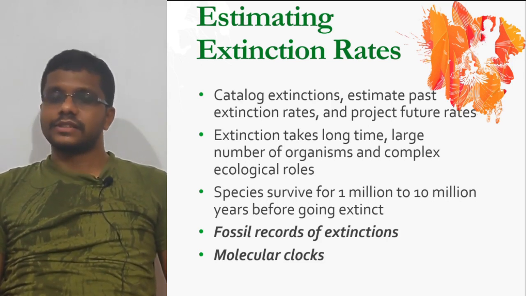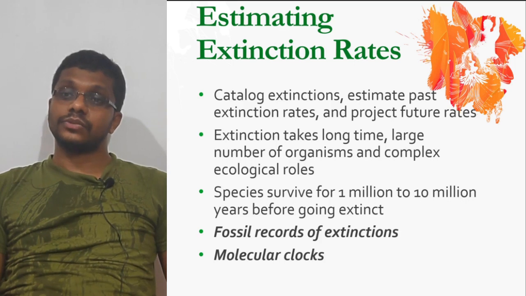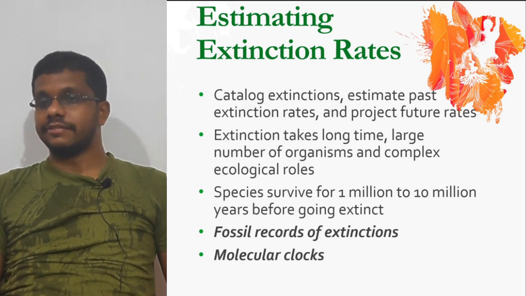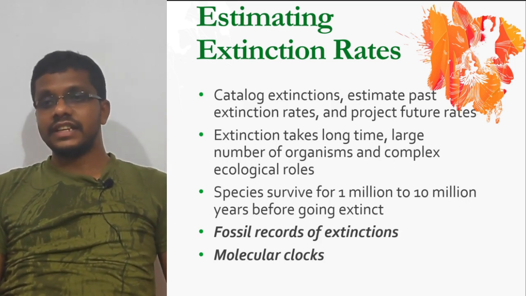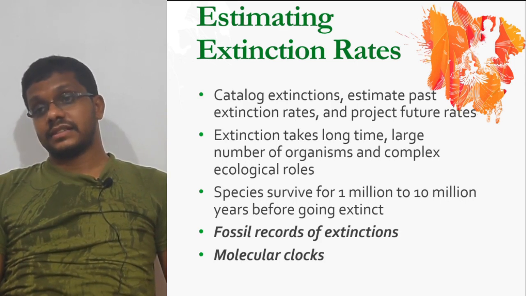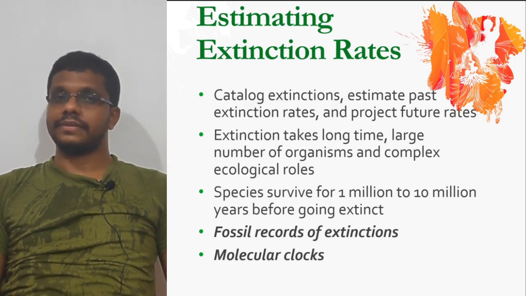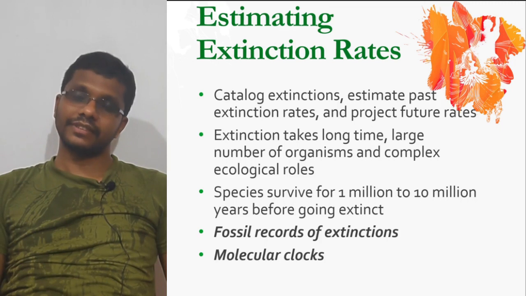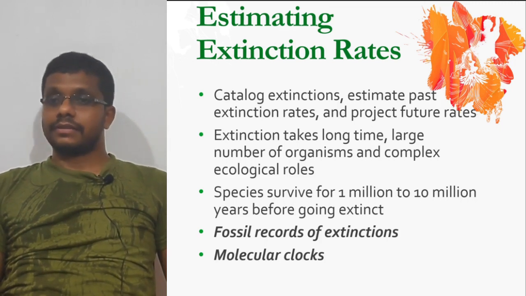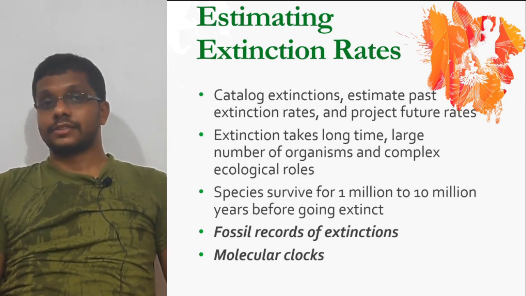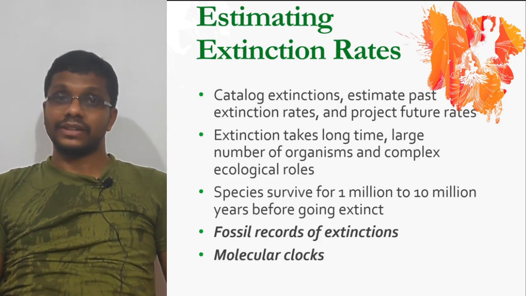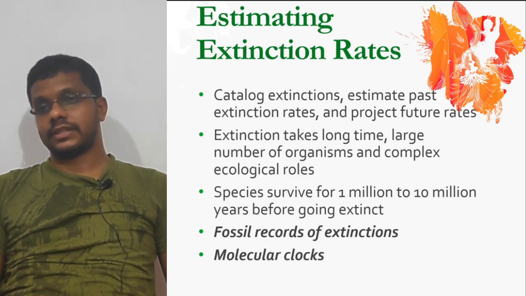There are several reasons why the estimation of extinction rate is a bit difficult. Firstly, extinction takes a long time, especially when we compare it with the human lifetime. Our Earth is about 5 billion years old, and life on Earth is 3.5 billion years old.